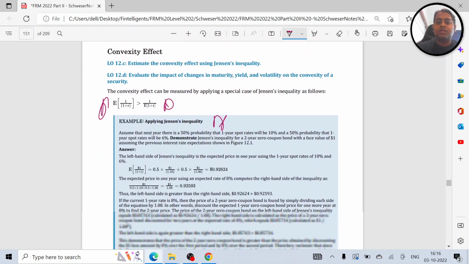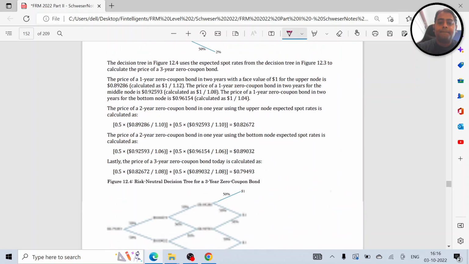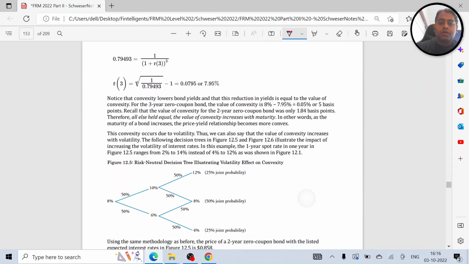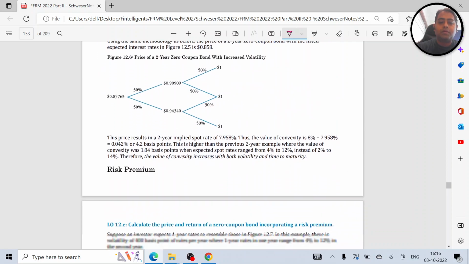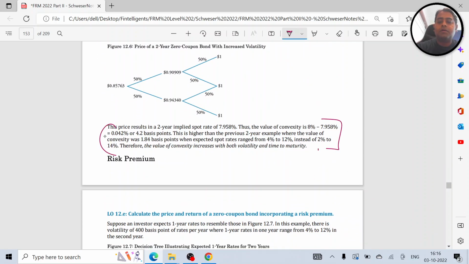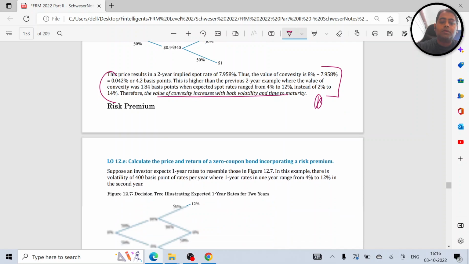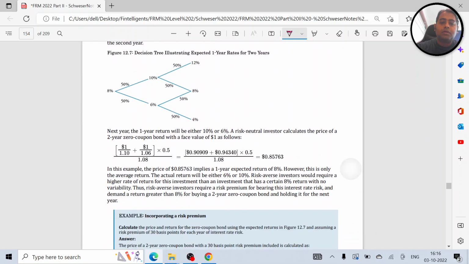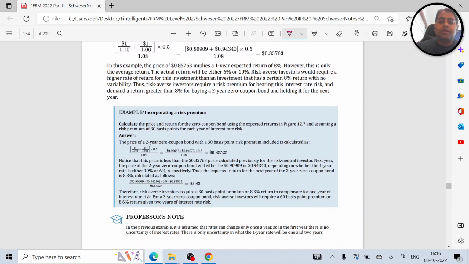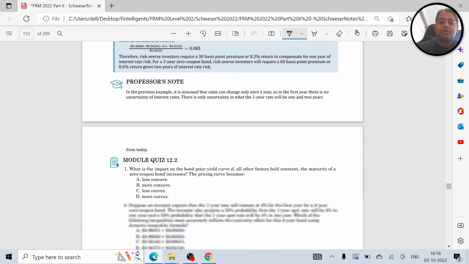Mark this question as also star. This part, in fact, the first paragraph, this paragraph is important. This paragraph, incorporating risk premium is important.